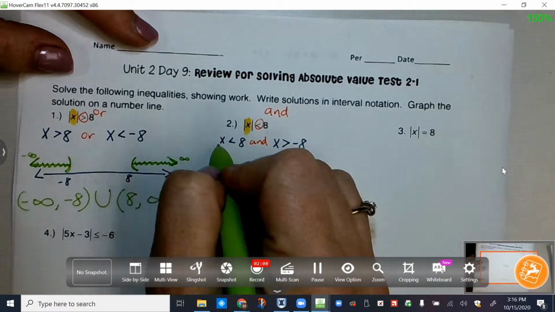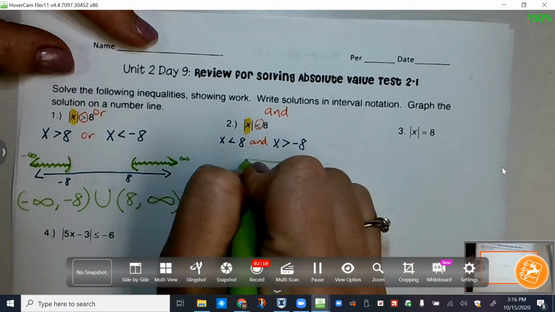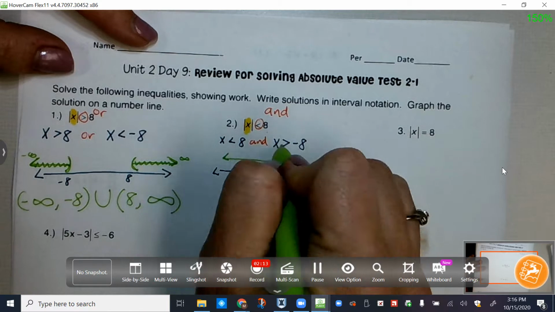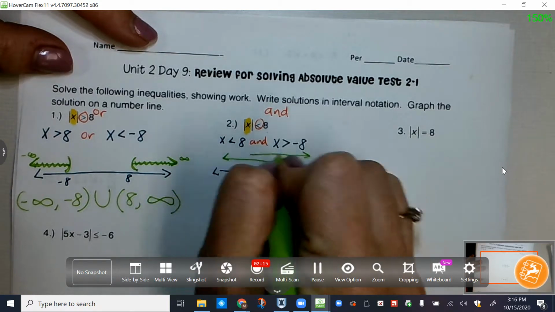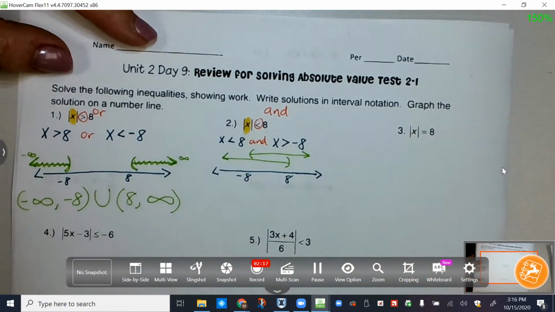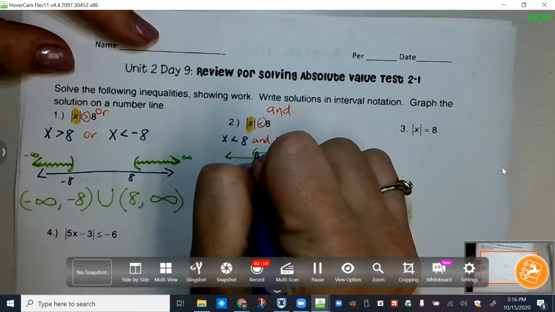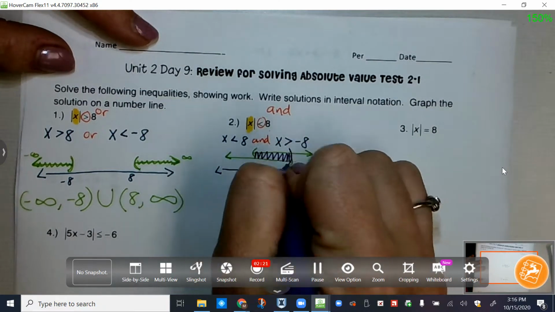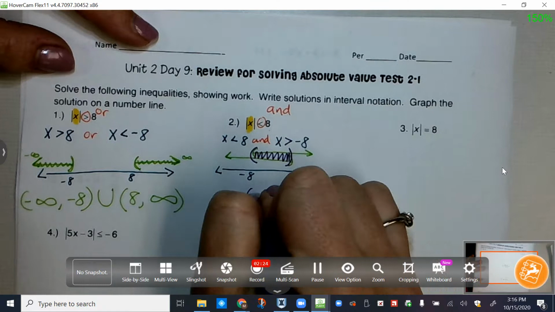So x is less than 8, and x is greater than negative 8. Okay, so this is an and, which means the solution is where they overlap. Well, they overlap between negative 8 and 8, and they have parentheses on the end. So from negative 8 to 8.